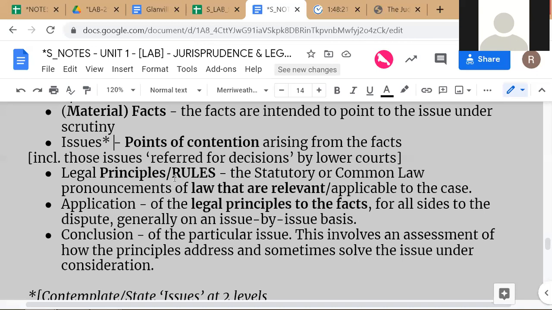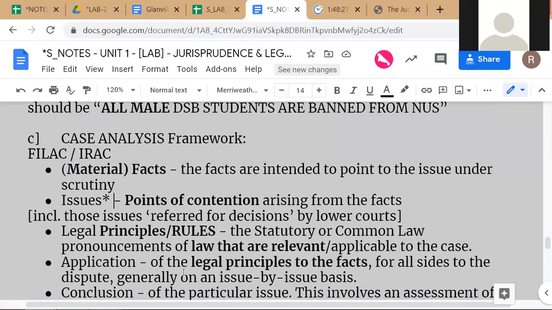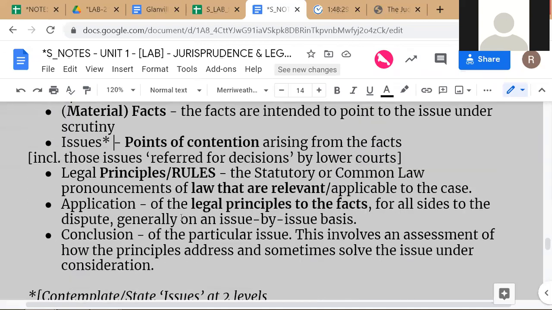So when you talk about legal principles or rules, in this part of the judgment, or in your own analysis, you should identify the specific legal principles, down to the acts and the subsections of the acts that apply to the resolution of this dispute, okay? So what are the particular principles that are applicable?